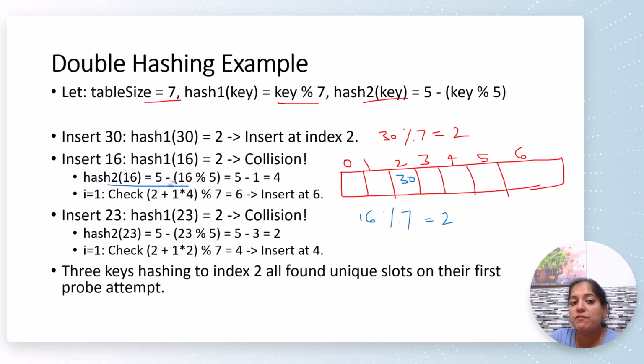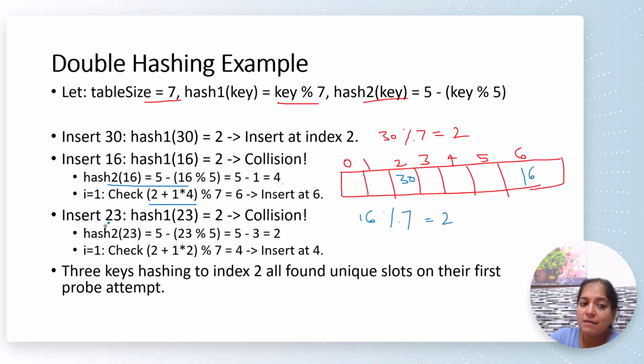Hash function 2 gives you 5 minus 16 mod 5, because the key value is 16, which gives you a result of 4. So let's check for i equals 1. So 2 plus 1 times 4, which gives you 6. So at index 6, value 16 is inserted.